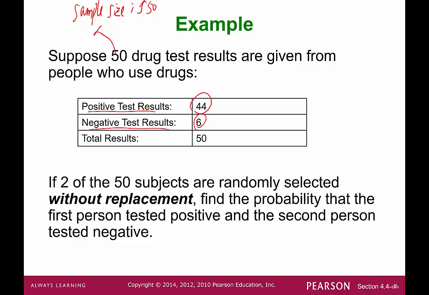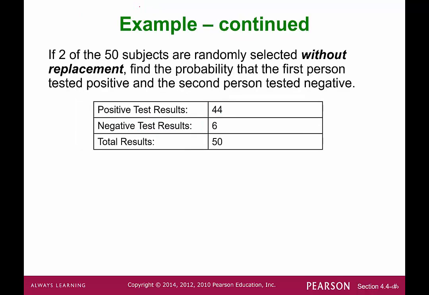If 2 of the 50 subjects are randomly selected without replacement, find the probability that the first person tested positive and the second person tested negative. Now one more time: first positive, and just a second, negative.